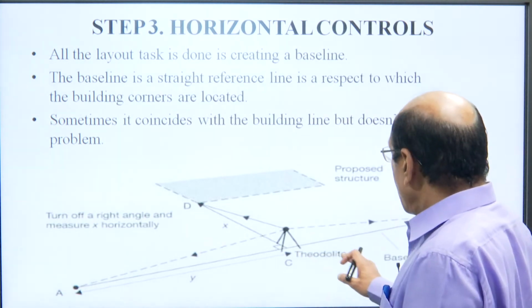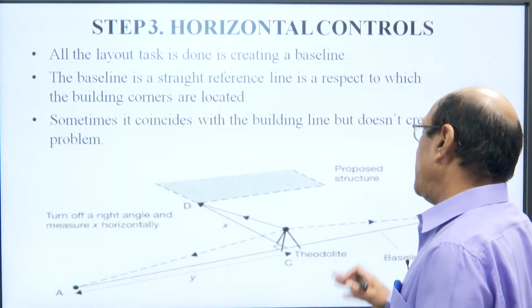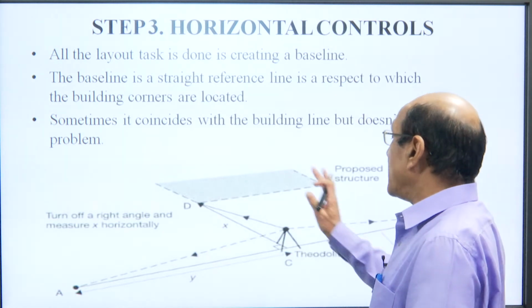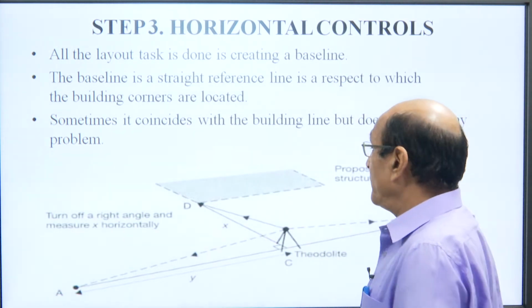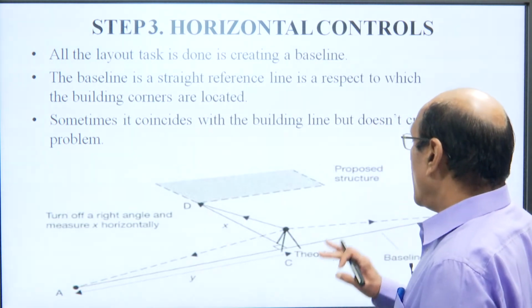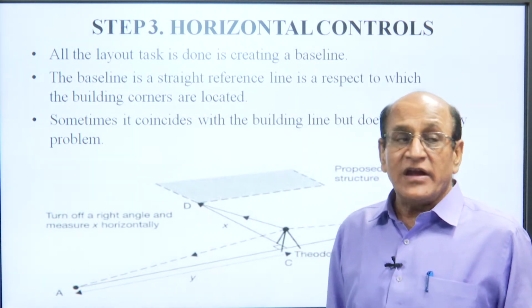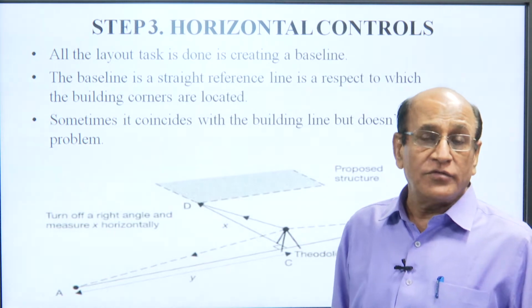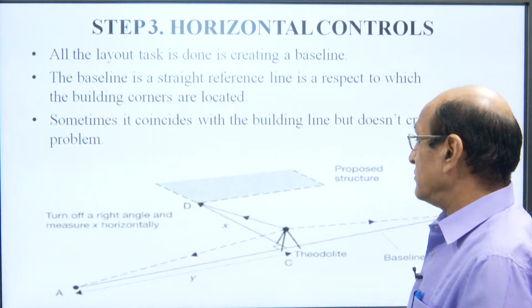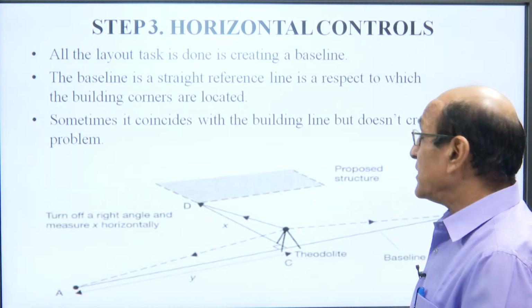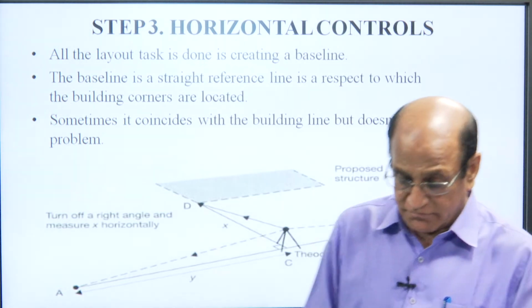So, baseline is a must, with reference to the baseline we can mark each corner of the site, and after connecting all the corners we will get the position of the location where the work has to be carried out.